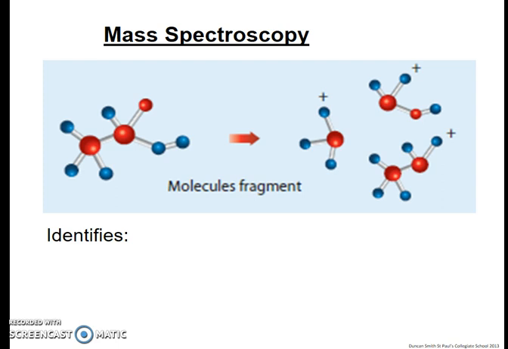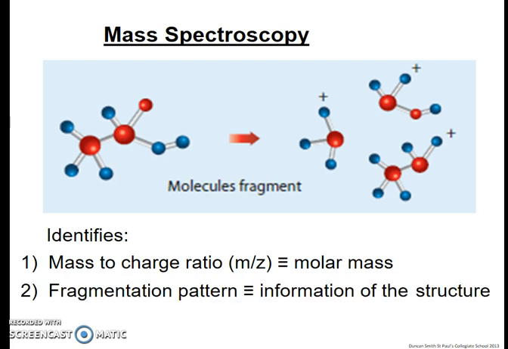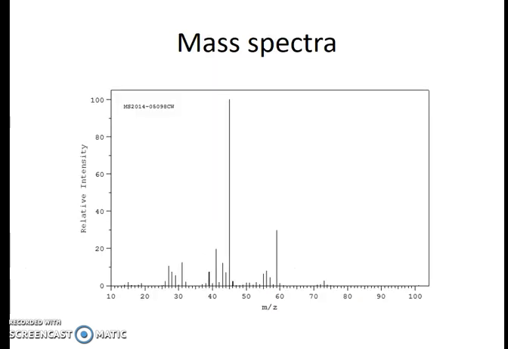The different pieces will then be recorded in terms of their mass, and so we can identify what the molar mass of that compound was initially, and we can identify the types of groups present within the structure and how they're connected to each other. So ultimately we can determine a lot about the structure of a compound from mass spectrometry. And the mass spectra looks something like this. And as I said, these are the most complicated type of spectra to interpret. So we're going to start at the beginning first, and we will finish off with mass spectra at the end.